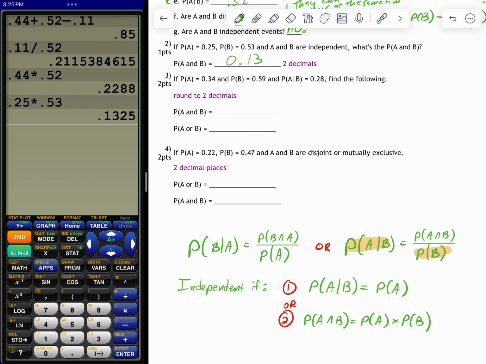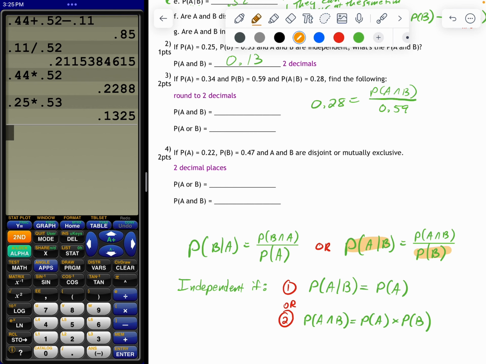So let me set this up. The probability of A given B is 28. I know that equals what I'm looking for, the probability of A and B, over the probability of B, but they told me that is 59 right here. So to solve this, I simply need to, my Apple Pencil's acting up.